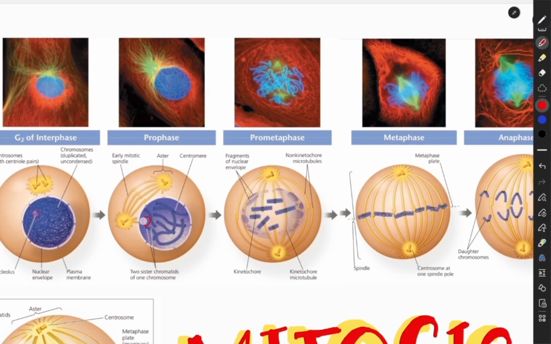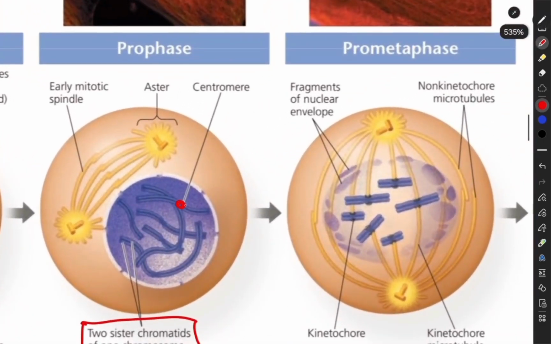And the nucleoli also disappear in this stage, and each duplicated chromosome appears as two identical chromatids, joined at their centromeres. This is the centromere. It's like the part where they join. It's almost in the middle, but not always in the middle.